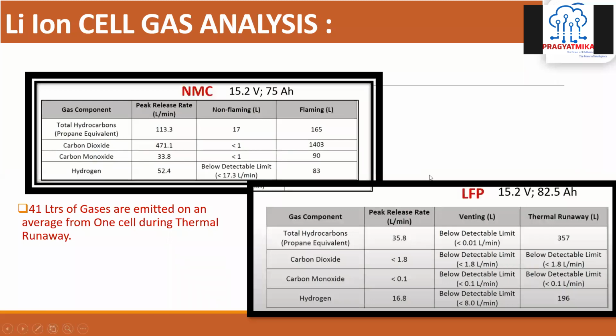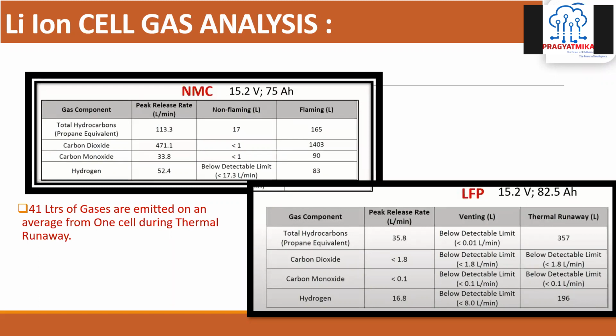So how do we do the gas analysis? I have taken two use case scenarios. If you are planning to do the gas analysis in your pack, this is a little bit of an idea. For an NMC pack of 15.2 volts and an LFP pack also of 15.2 volts, with capacities of 75 and 82.5. In this NMC, you can see that the total hydrocarbon release rate is 113 liters per minute.